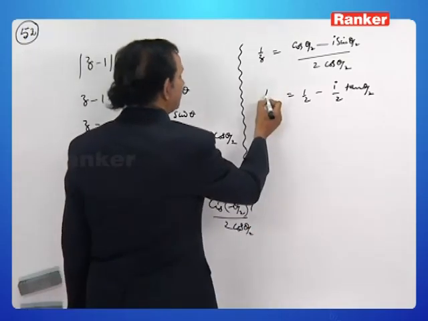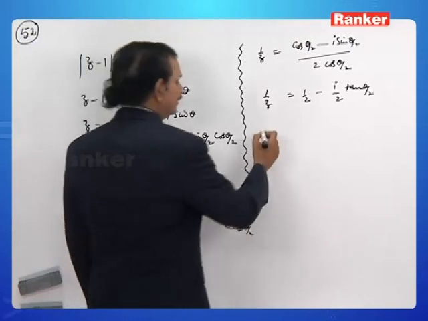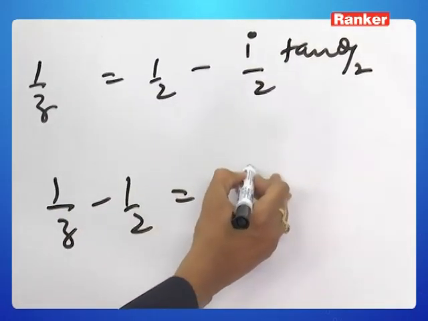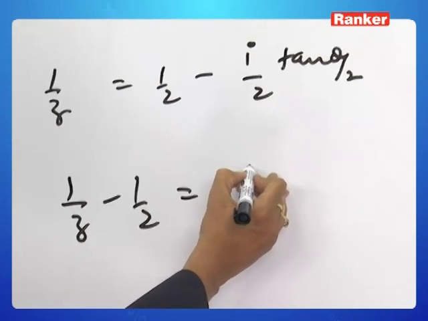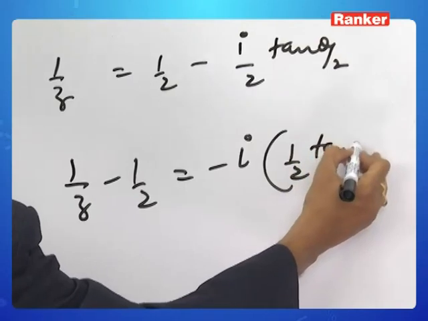This is 1/z. Bring that half also here. What are you going to have? 1/z − 1/2 is equal to −i into half tan(θ/2).